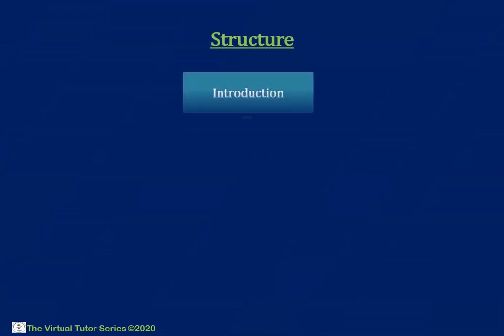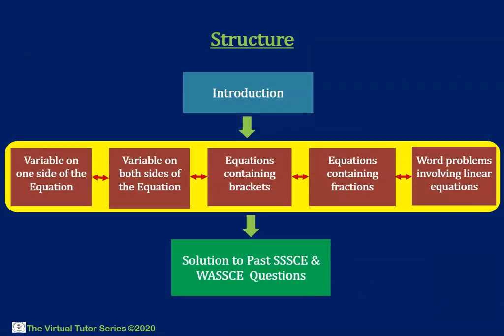By way of structure, we will cover the following in separate episodes. We first introduce the topic, highlighting definition of some key terms, as well as some examples of linear equations in one variable.